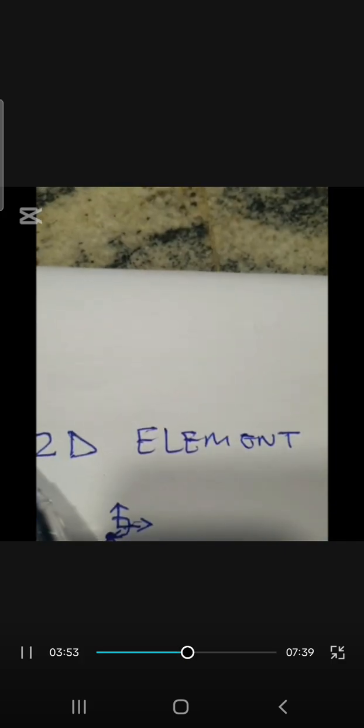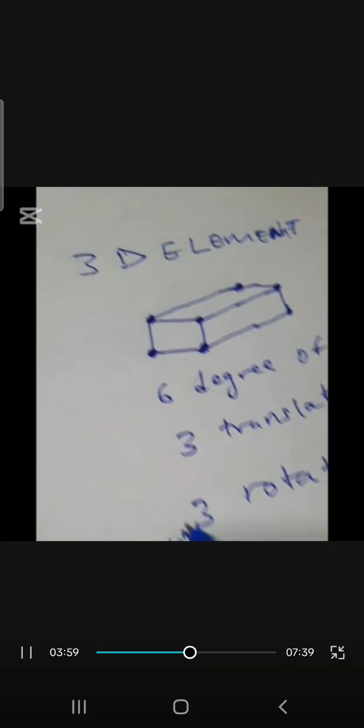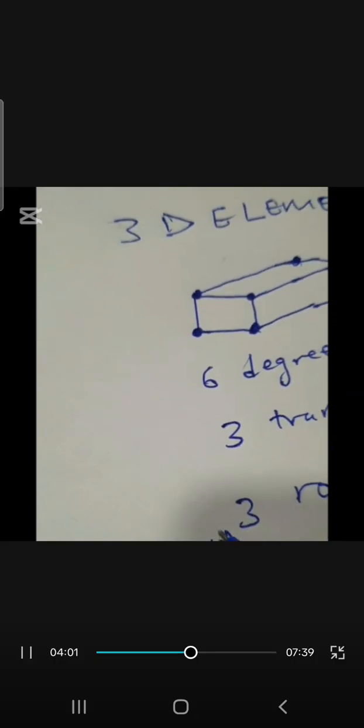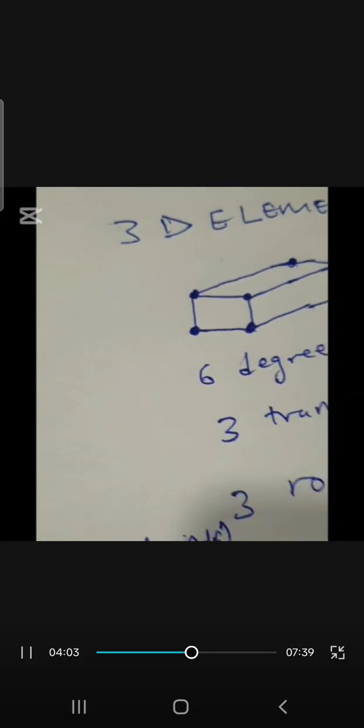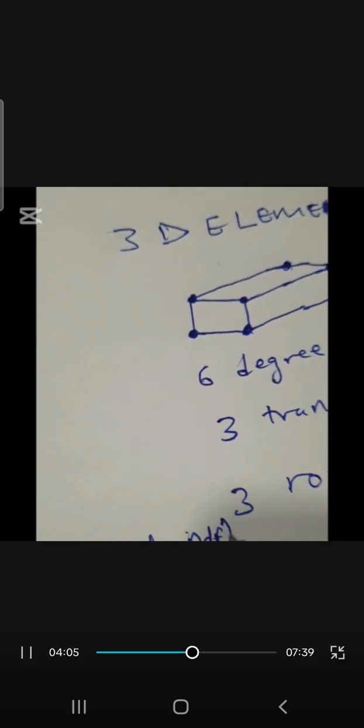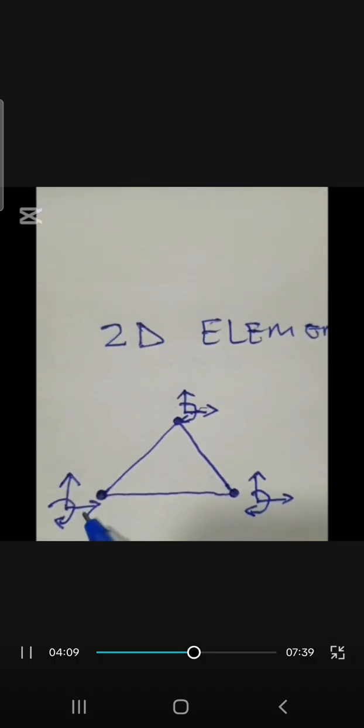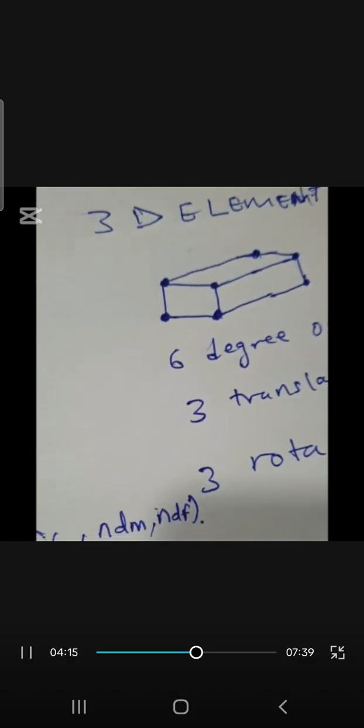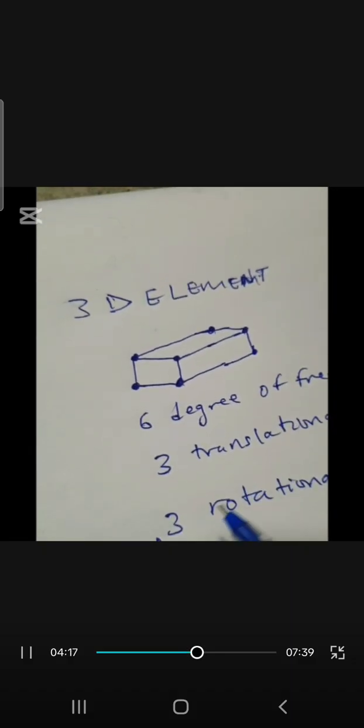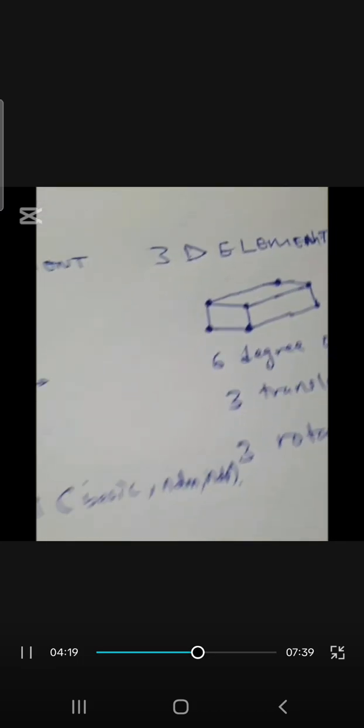So are you using a 2D element, or are you going for the 3D element? And then the NDF is the number of degrees of freedom, which you have to specify. So you know that for the 2D element, we have 3 degrees of freedom. And then for the 3D element, we have the 6 degrees of freedom.